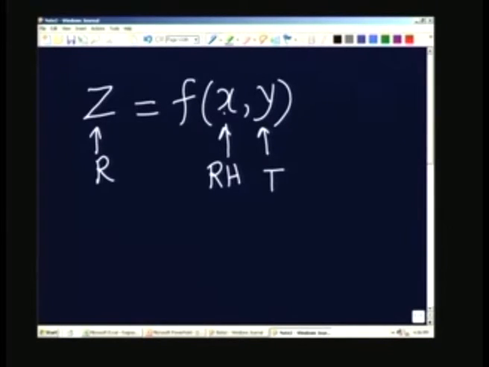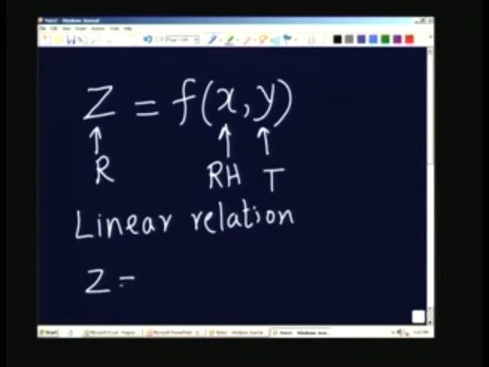Of course, we need not have only two variables here, we can have more than two variables. However, if the relationship z equal to f of x, y is linear, that means we have z equal to ax plus by plus c.